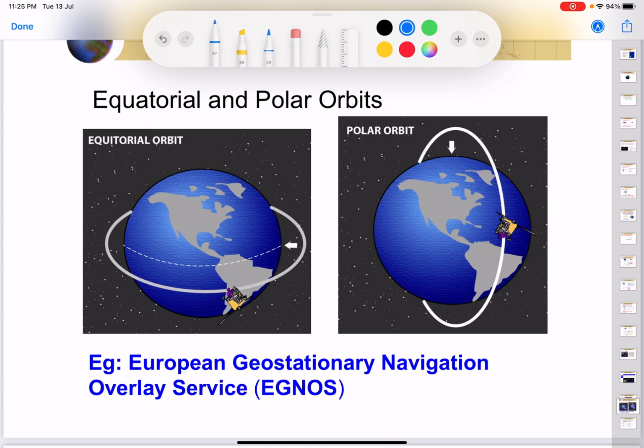From the discovery of gravity to the formulation of Newton's law of gravity, we have come a long way, and all these scientific discoveries have led to what we now take for granted in everyday life.